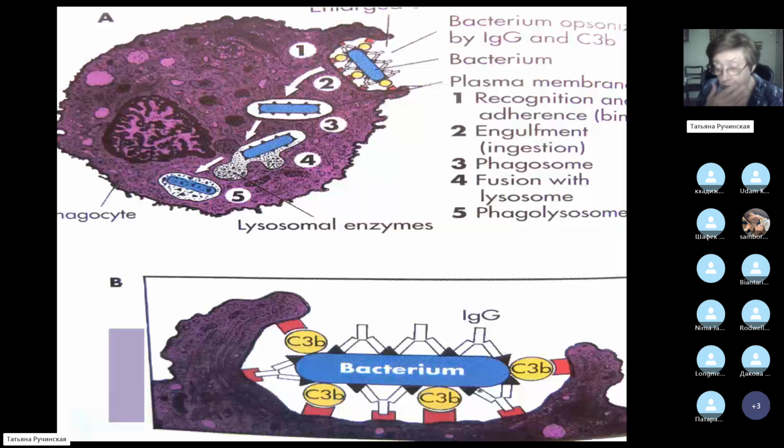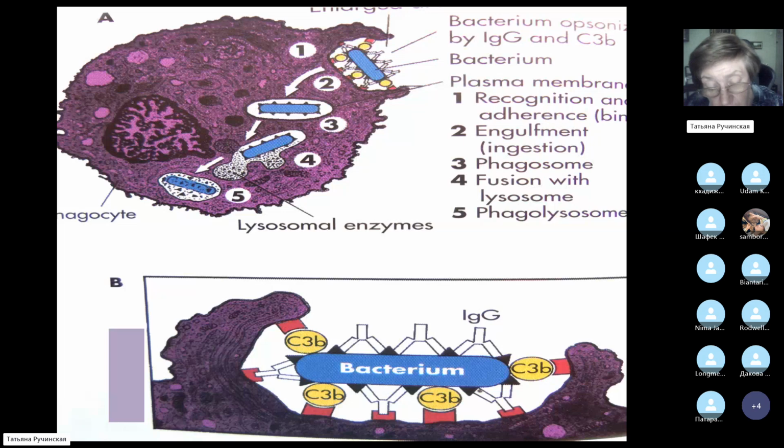Now, this is again about the picture, about the stages of phagocytosis. What is number one? You see, this is the phagocyte, and in the picture below, the first shows you that the target agent is bacteria.